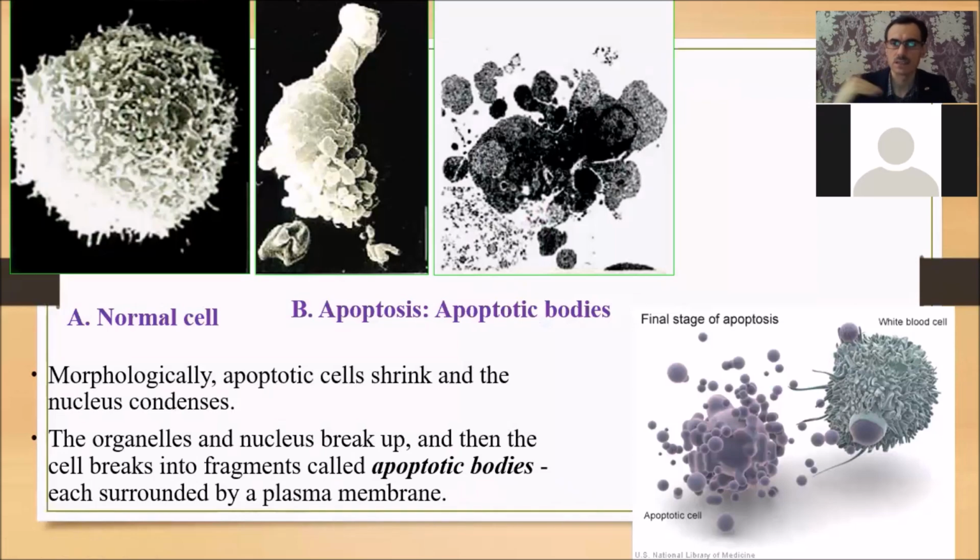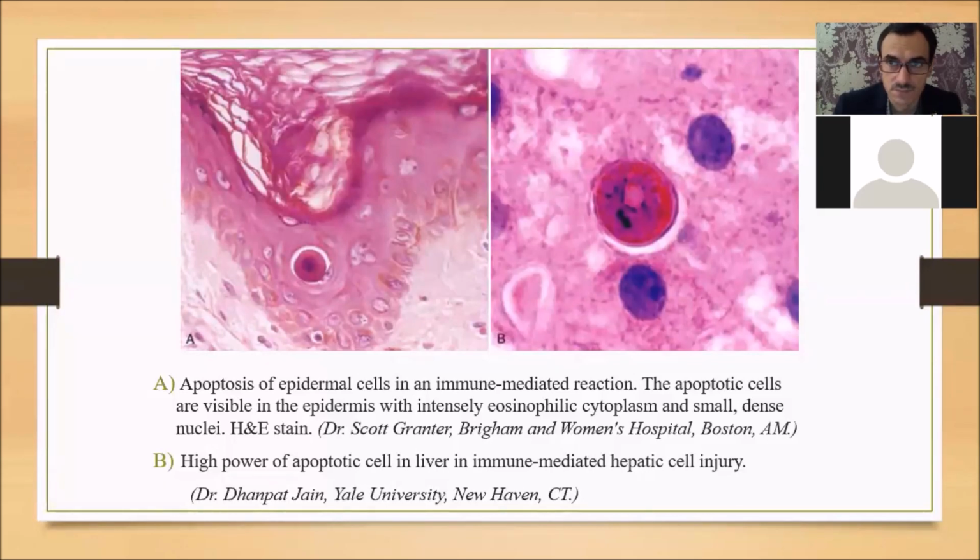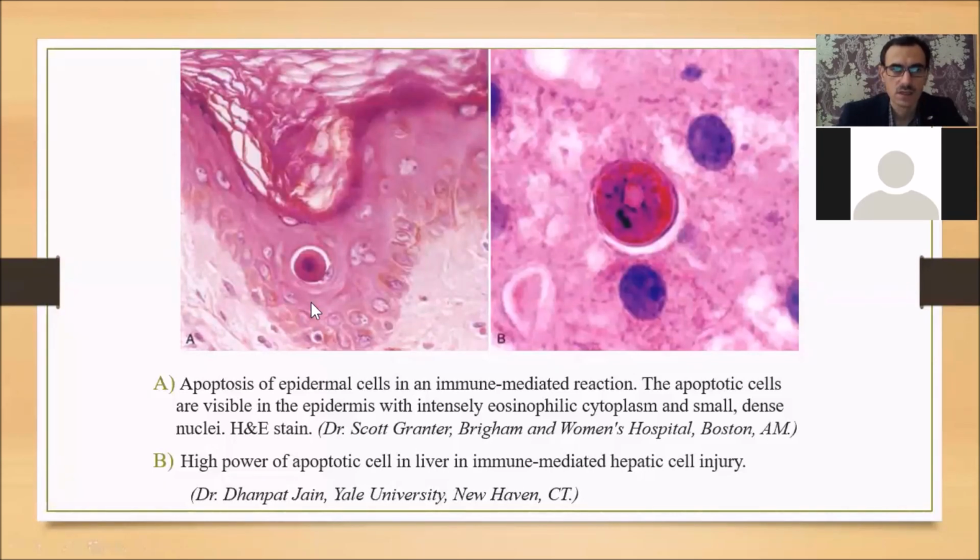Because their cell membrane changes and the phospholipid structure changes in the apoptotic bodies, the macrophage engulfs the apoptotic bodies. So after death by apoptosis, this process does not continue and does not affect the neighbor cells. Here you see a biopsy taken from the skin.